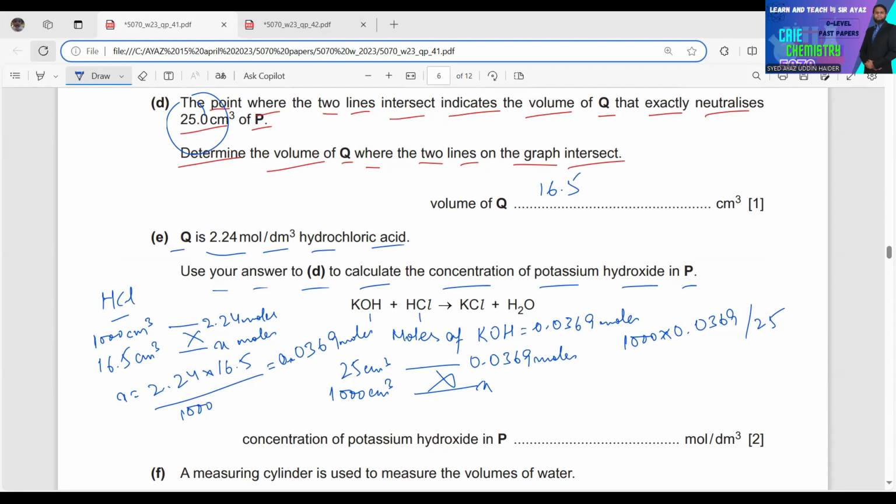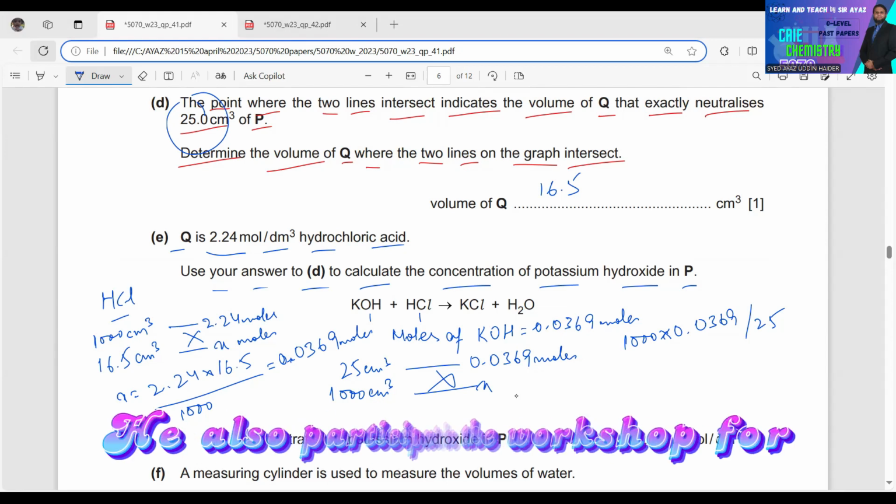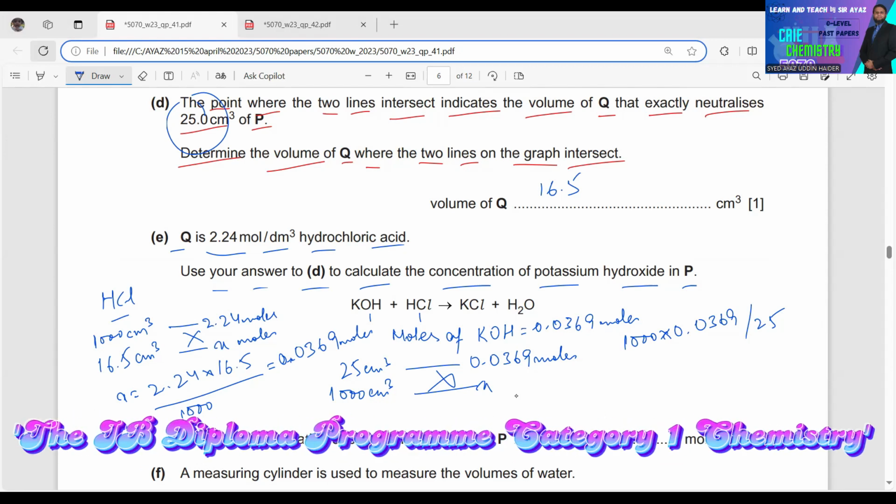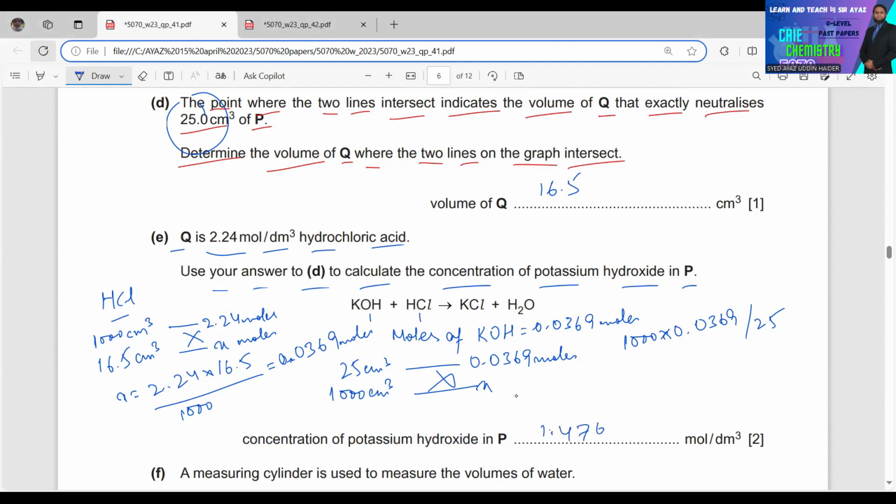That is 1.476. 1.476 mole per dm cube of KOH.